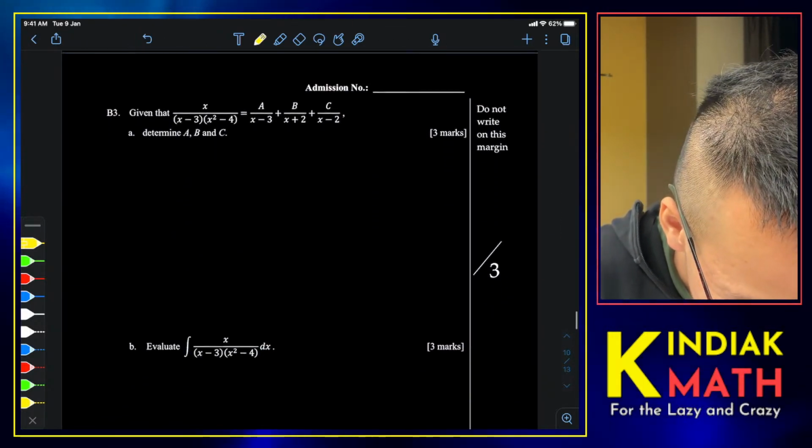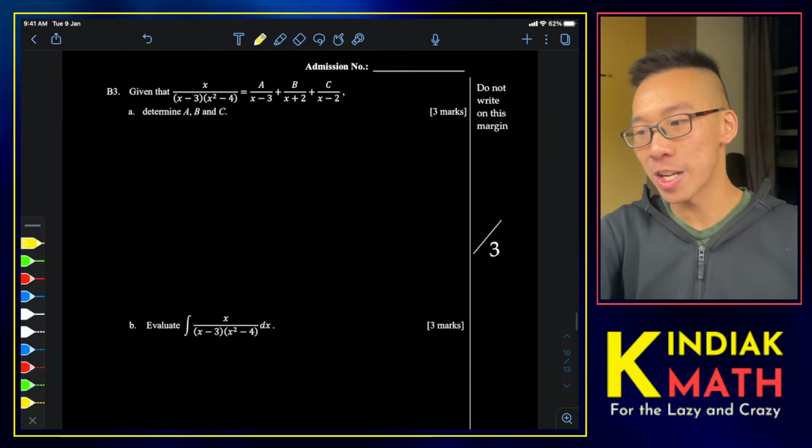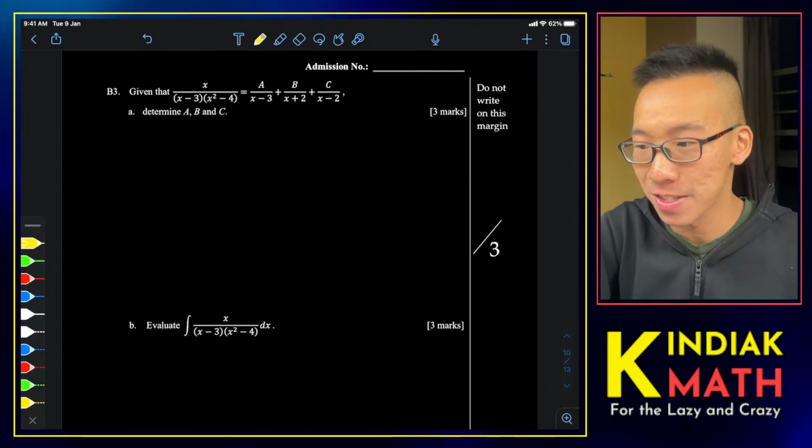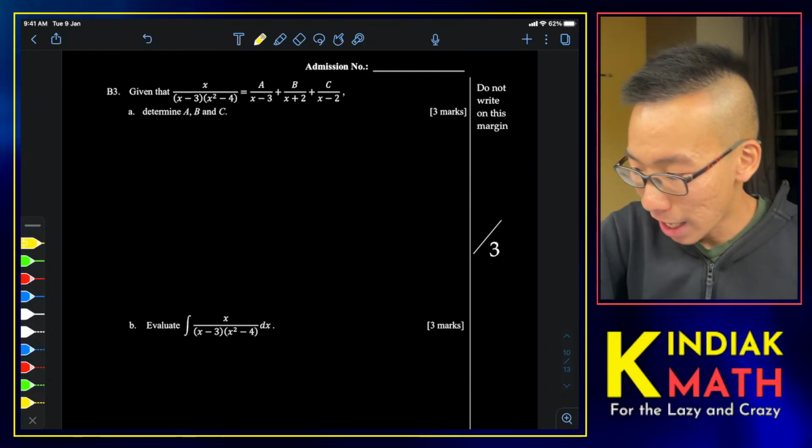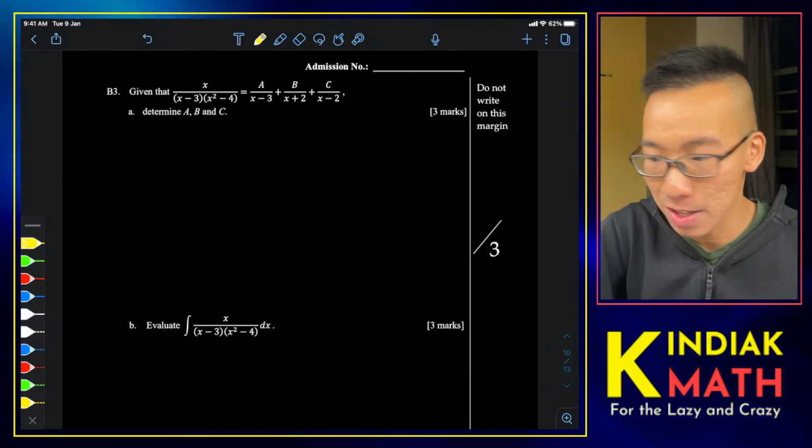Alright. Now this is the integration by partial fractions. And it looks kind of challenging, but it's not as crazy as it looks.